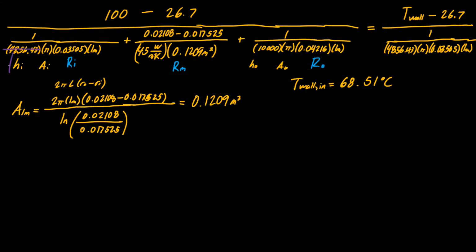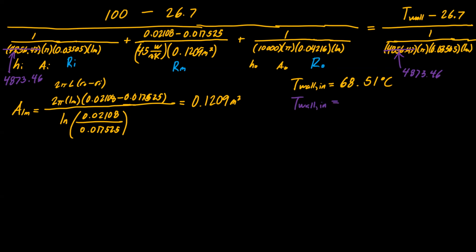Okay, so we will still use this equation. This time, plug it here, the new value for h, and then plug it here, the new value for h. Yeah, now let's solve for the T wall in for the second trial.